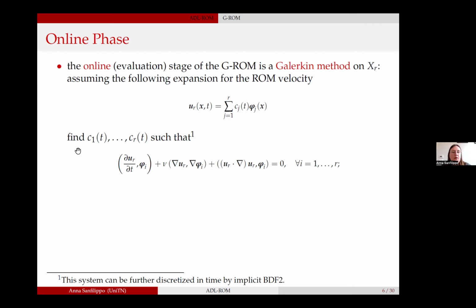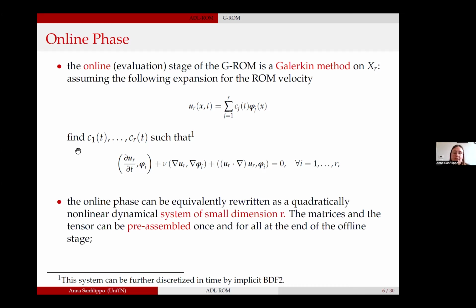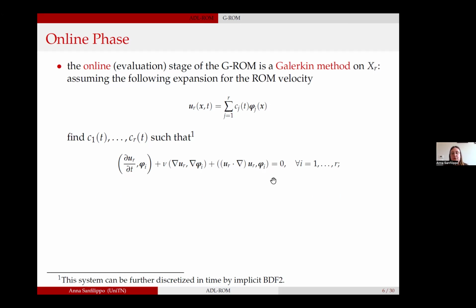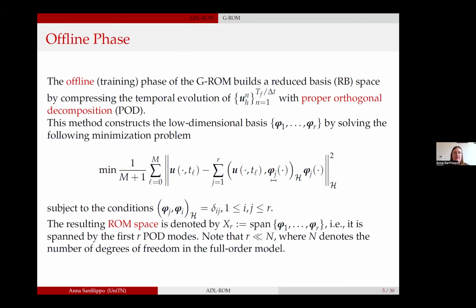So here we can rewrite it as a quadratically nonlinear dynamical system, in this case of small dimension R. So we will have the mass matrix, the stiffness matrix, and the nonlinear tensor, all of dimension R, and all these matrices and the tensor can be pre-assembled and stored once and for all at the end of the offline phase stage.